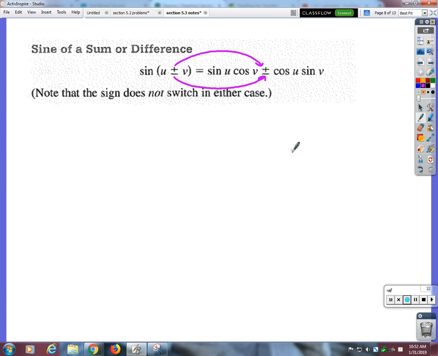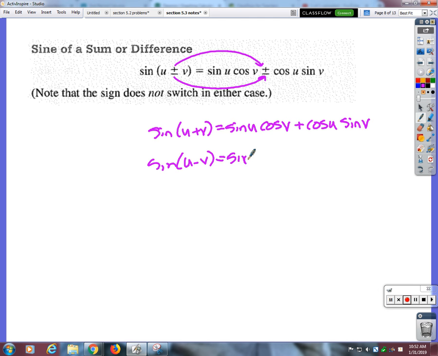So if you want to write it out as 2 separate ones, the sine of 2 things added together is the sine of the first one times the cosine of the second plus the cosine of the first one times the sine of the second. The sine of 2 things being subtracted is the sine of the first times the cosine of the second minus the cosine of the first times the sine of the second. So you can write it as one formula, but if that's a little bit confusing, you can write it as two.